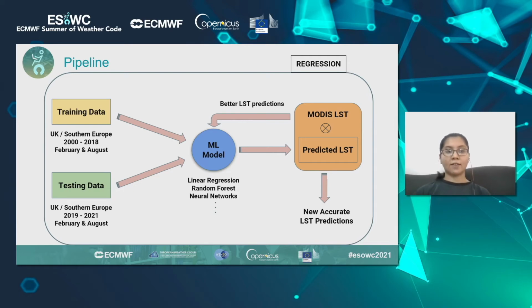We also have our benchmark, which is the ERA5 skin temperature values, and we see how well our model is performing as opposed to that. So the pipeline has an ML model which takes in some data and compares that with NASA MODIS data till it can churn out accurate LST predictions.